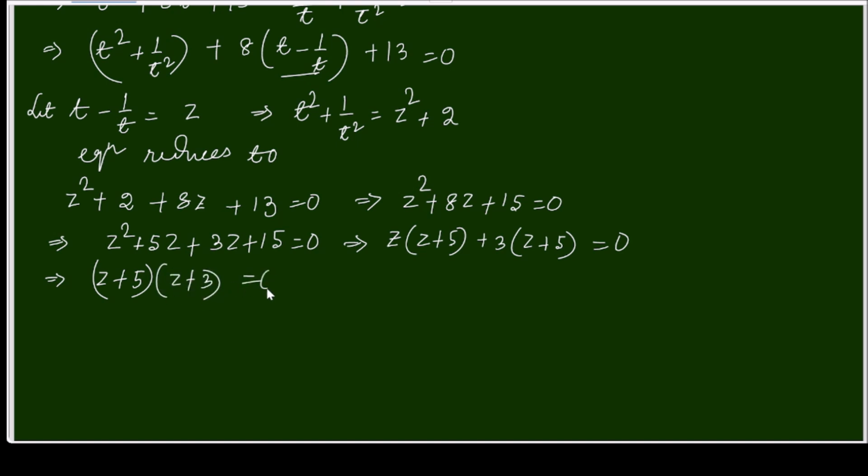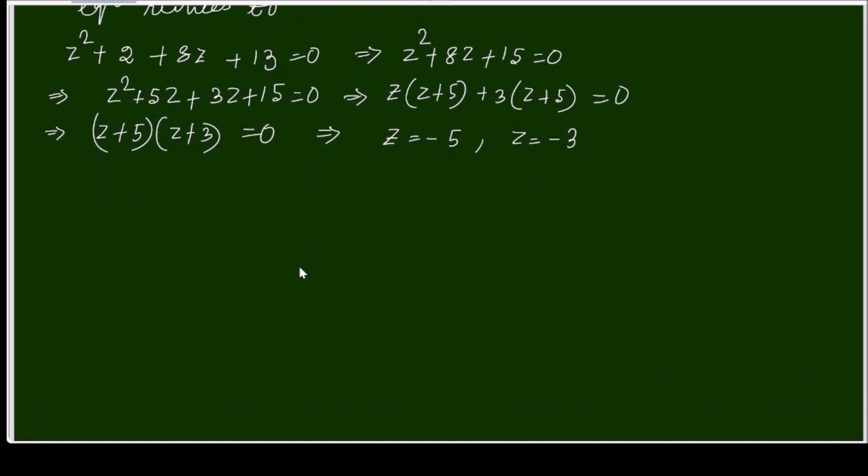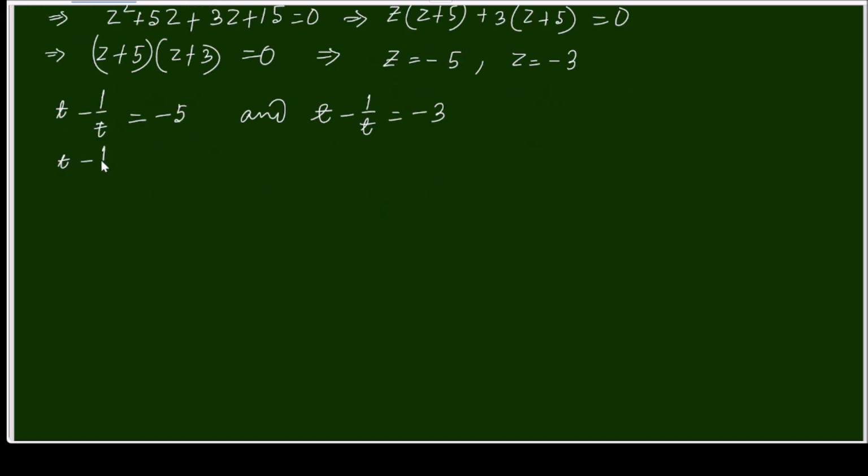This gives us two values: z equals -5 and z equals -3. So what was z? z was t - 1/t. So t - 1/t equals -5.